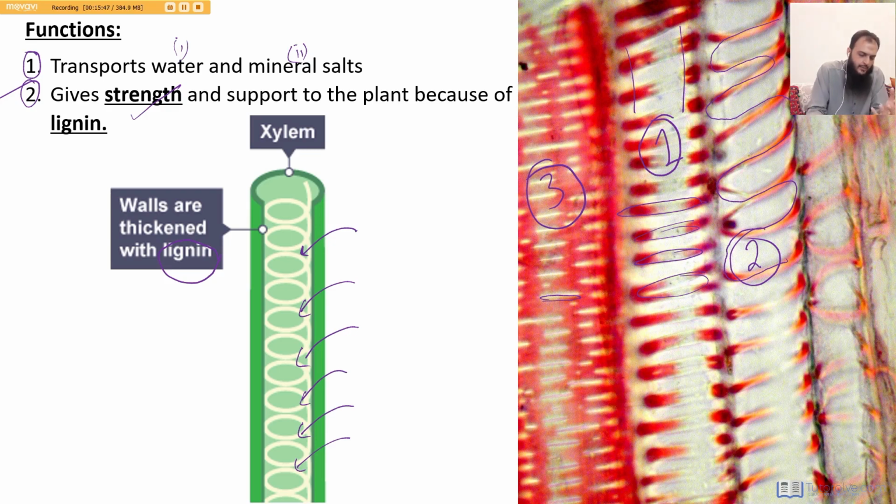And that's the very reason why another way to put the second point is that it gives mechanical support to the plant. So remember, the two functions of xylem vessels are number one, transportation of water and mineral salts, and number two, giving strength and mechanical support. And that's because of lignin, okay, which is a dead material, of course.